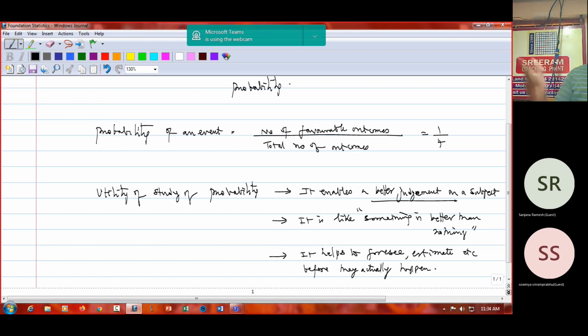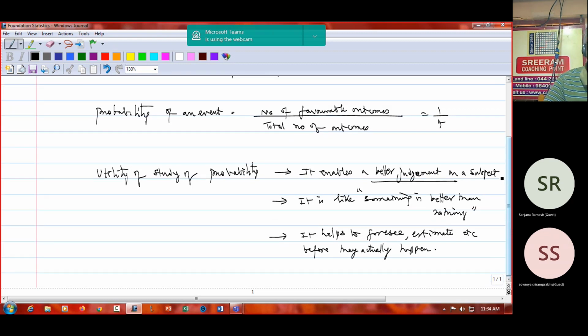Reverse is going to happen. So a cause and effect study, you are in a position to make. That is what we say. It helps to foresee, estimate, etc. before they actually happen. So it is a tool for estimation, forecasting, you can say.